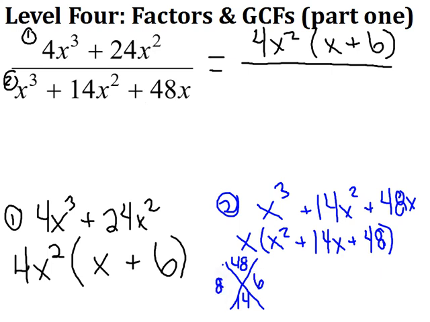We could do the grouping step from there, but we should be getting better with these. So we should know that we can go straight to x, the original GCF, and now we would have x plus 8 and x plus 6.